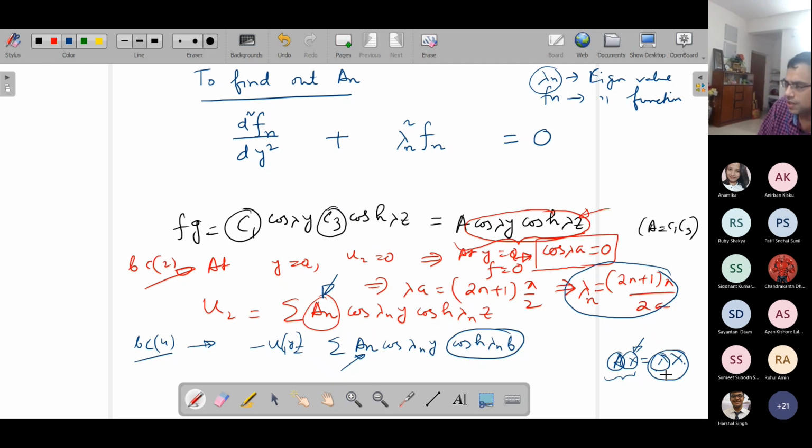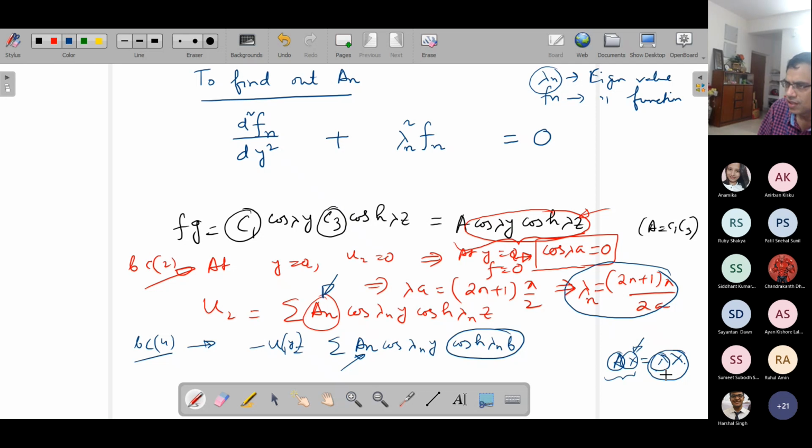Similarly, here it's not a vector space but a function space, because our mathematical space of concern is not concerning a vector, but it is concerning a function. So this is an eigenfunction.